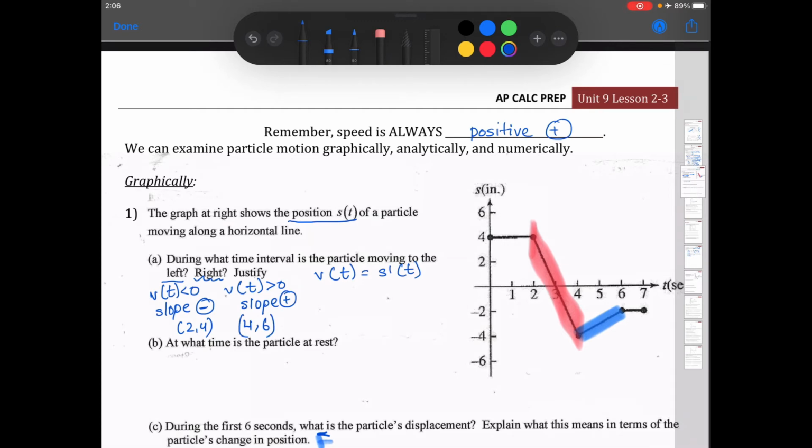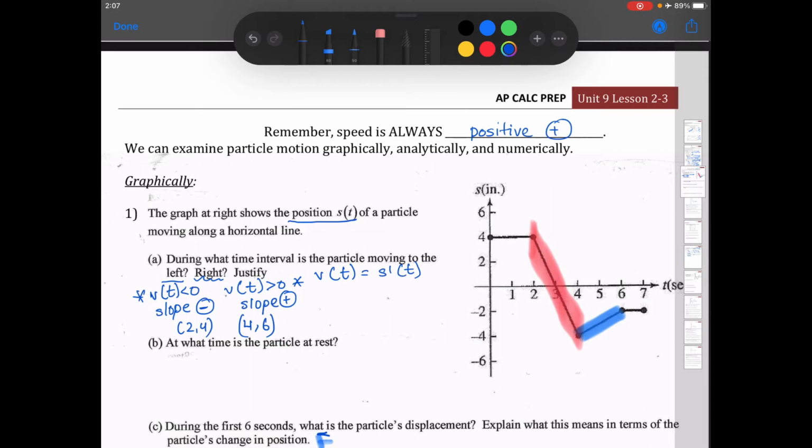So this is what you're going to be talking about. I also just want to tell you, now it says justify. This is your justification: when velocity is less than 0 and when velocity is greater than 0. That's your justification. I like to do the justification first so that it helps me answer the question. So do your justifications and it will kind of guide you towards what the answer to that question will be.